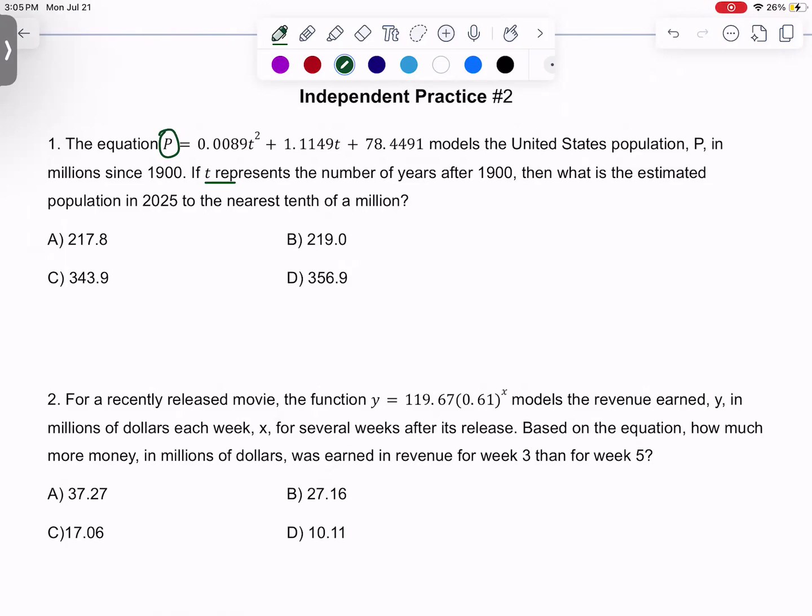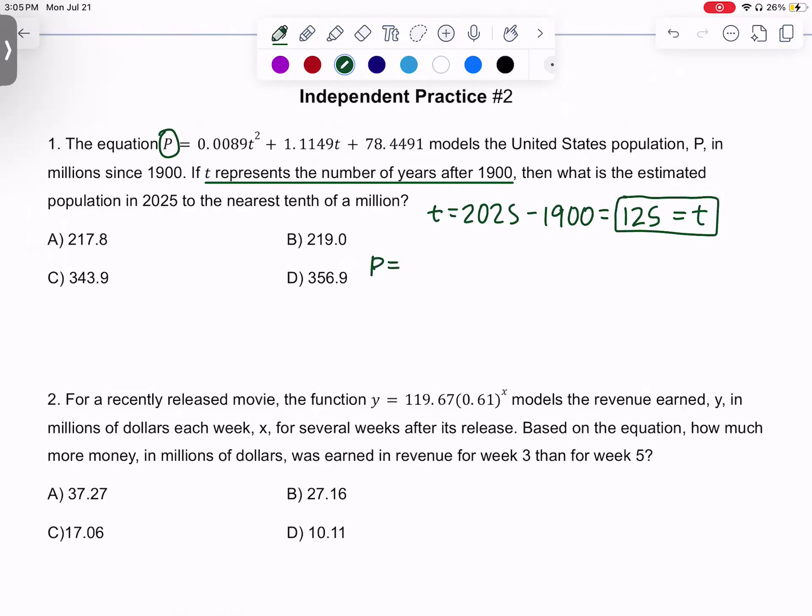Here, it's important to know T represents the number of years after 1900. So T is not 2025. T is 2025 minus 1900, or 125 years since 1900.